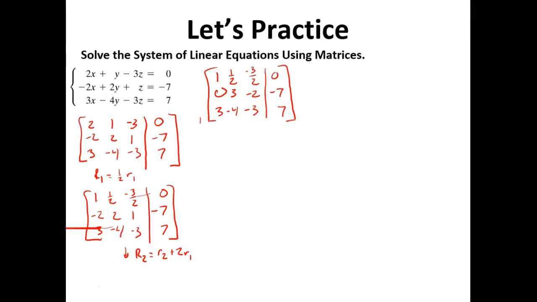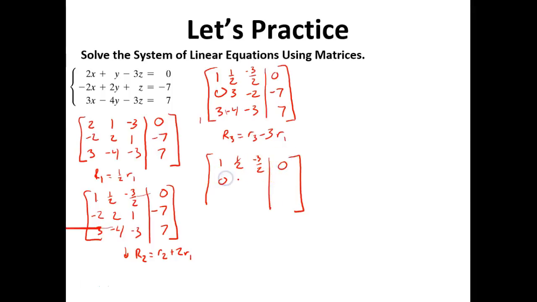And so far, we've done 2 steps. We have a 1 here, a 0 below it. I'm still looking to try to get one more 0 here. So I want this third row to have a 0 here. So I'm going to take row 3 and replace it with row 3 minus 3 of row 1, because if I take 3 of these away, I'll have a 0 there. When I do that, the first row is not changing, so that's staying the same.